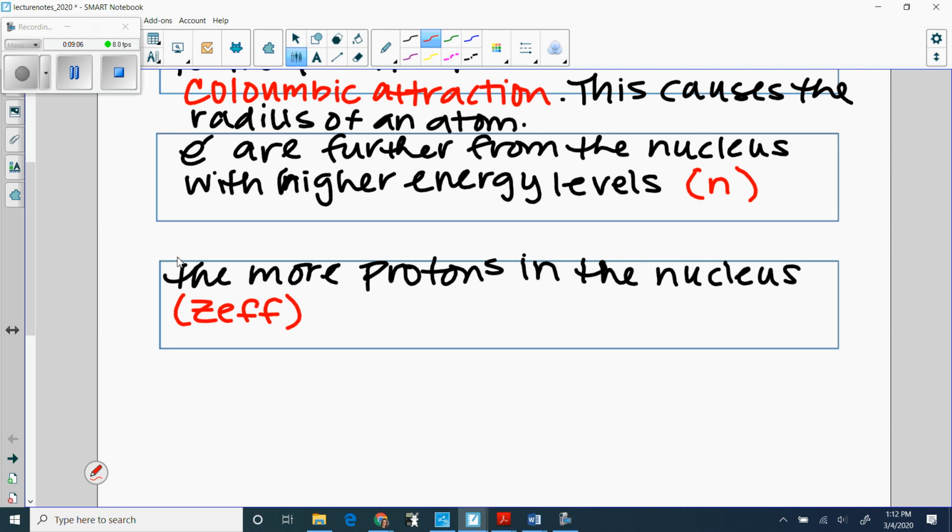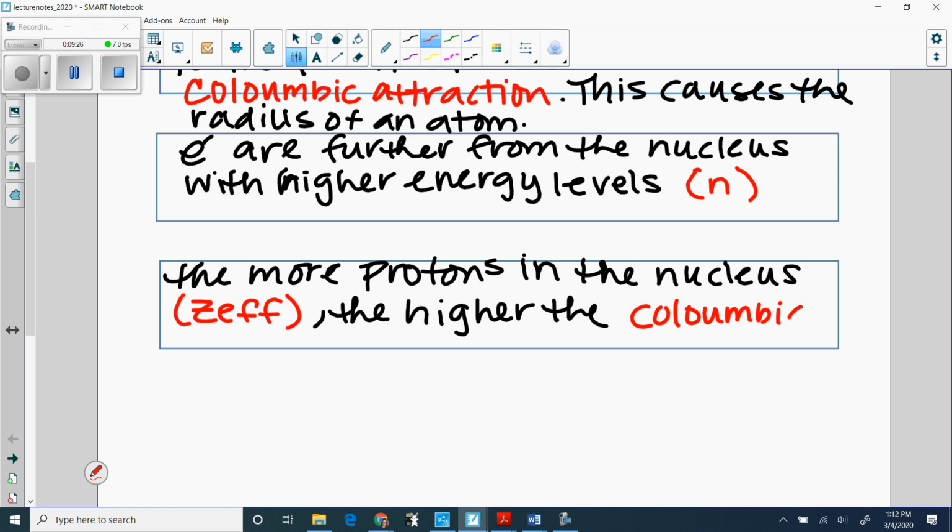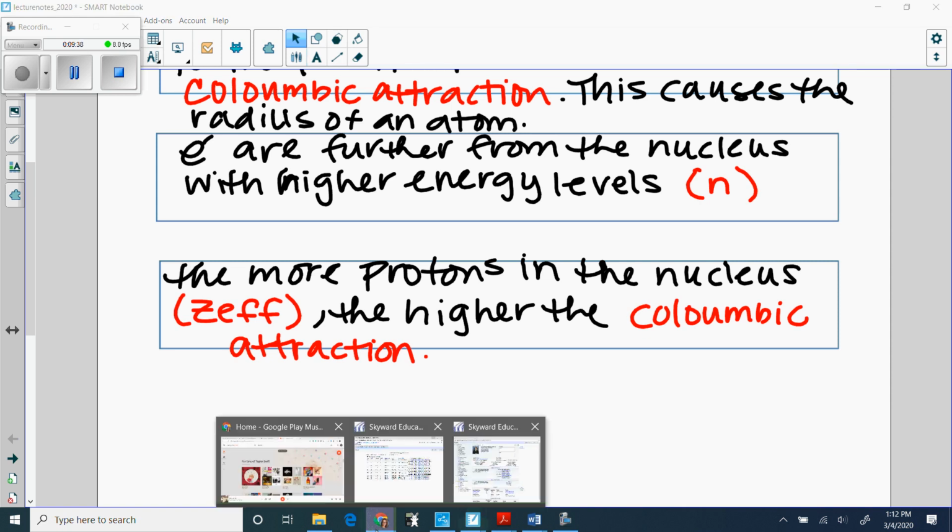Z effective, effective nuclear charge, and the shortcut is Z. The more protons in the nucleus, the higher the Coulombic attraction, which was a vocab word. When music starts, talk about why. Ready? Go.